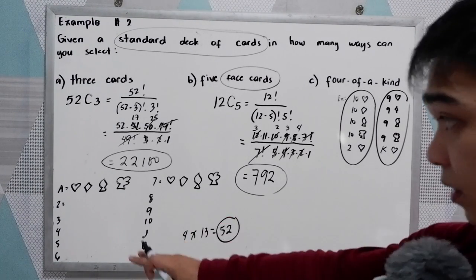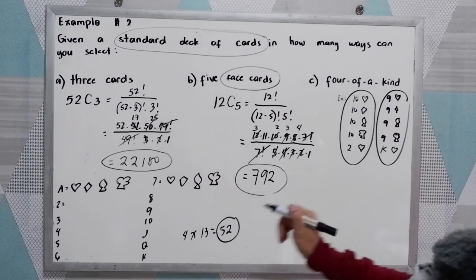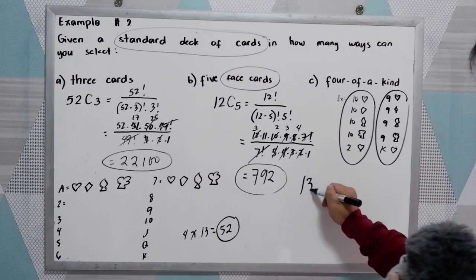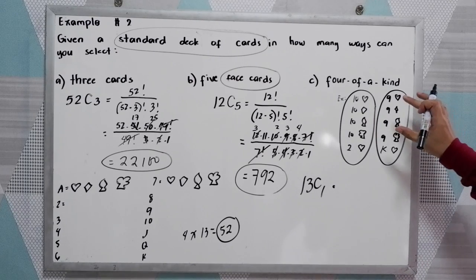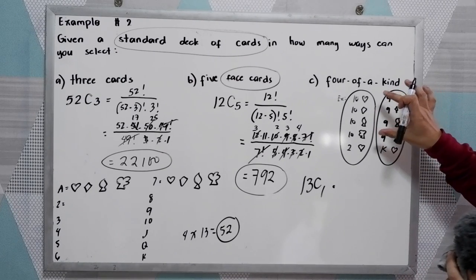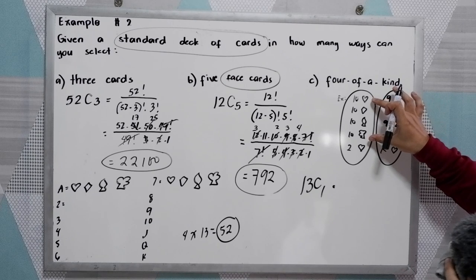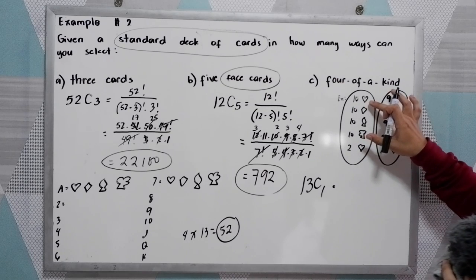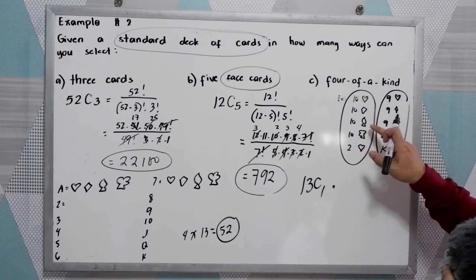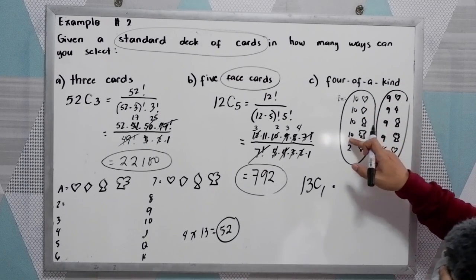So choose, let's say A. So we have 13C1 times, after choosing the 4 cards of the same kind, let's say 10 of hearts, 10 of diamonds, 10 of clubs, and 10 of spades.